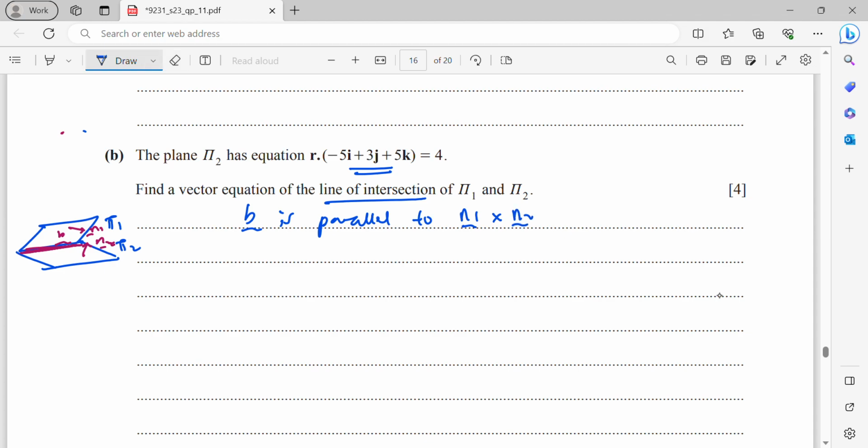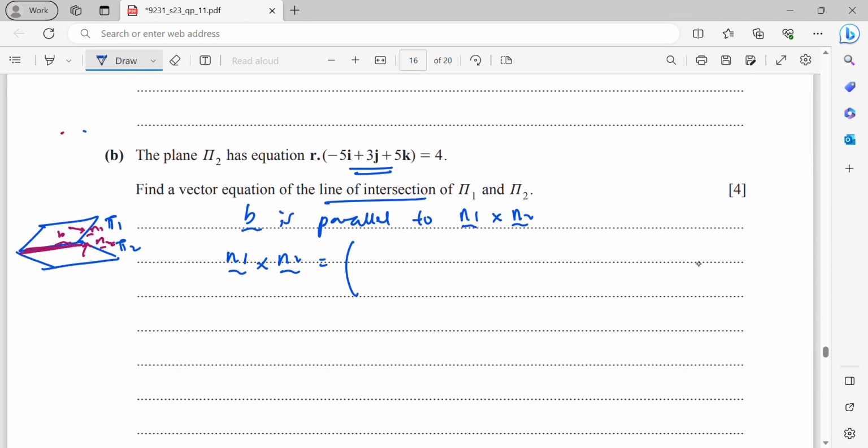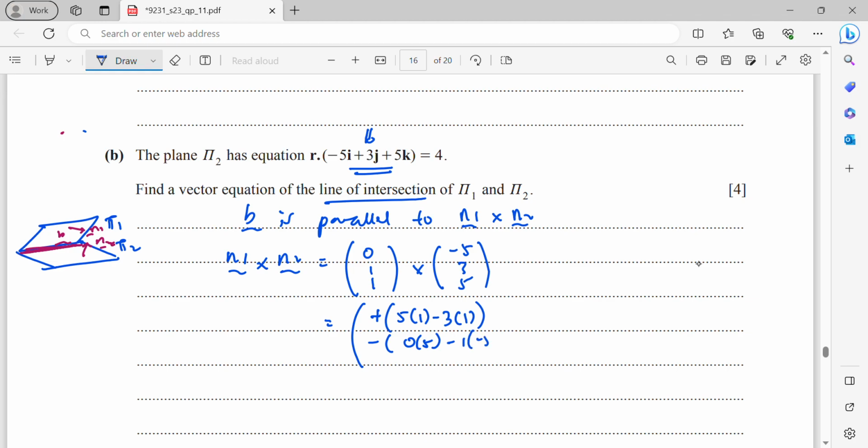Alright, so my n1 cross n2. The n1 was already found, you get 0, 1, 1. Cross n2, which is minus 5, 3, 5. Then again, using the same method, I will get plus, cover the first row, then you will get 5 times 1 minus 3 times 1, minus 0 times 5 minus 1 times negative 5.